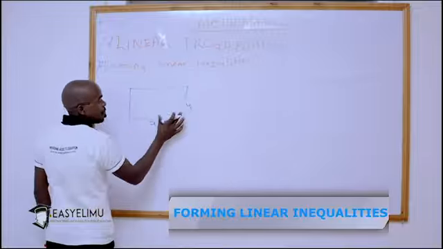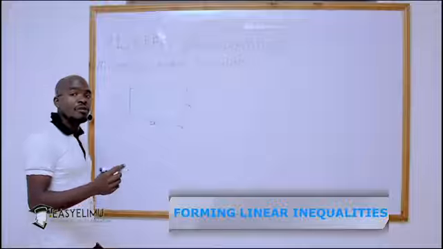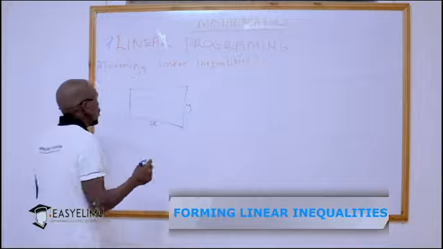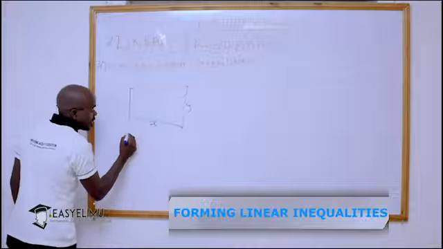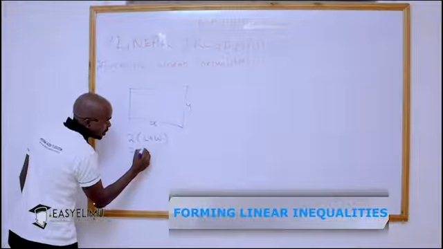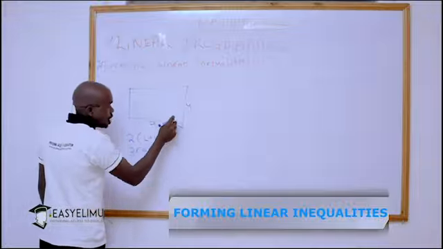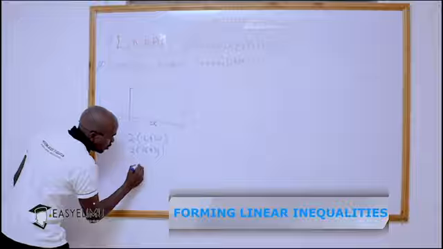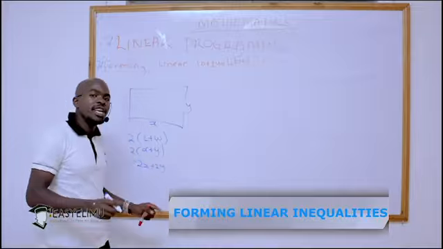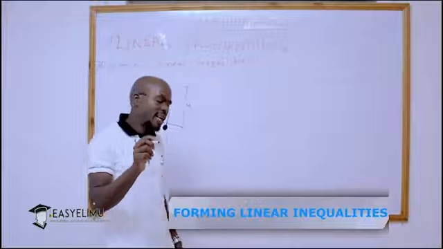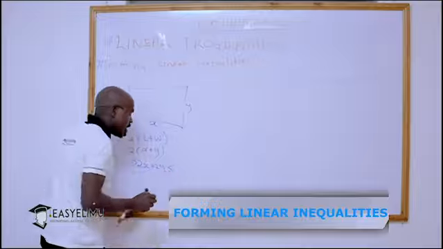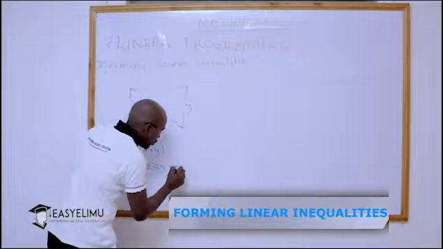If we find the perimeter, we know the perimeter of a given figure is the distance around that given figure. So here the perimeter is 2 into length plus width. Here our length is x plus y, which is our width. So we will find it is 2x plus 2y. But we have been told it is not more than 10 centimeters, so this will be less than or equal to 10.